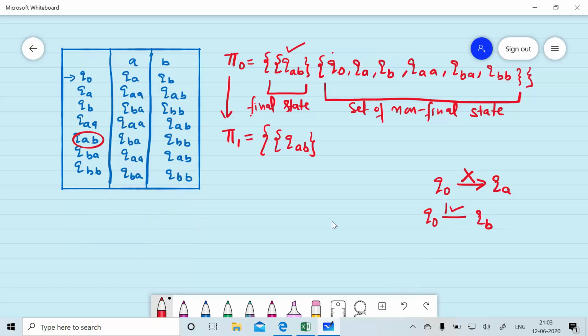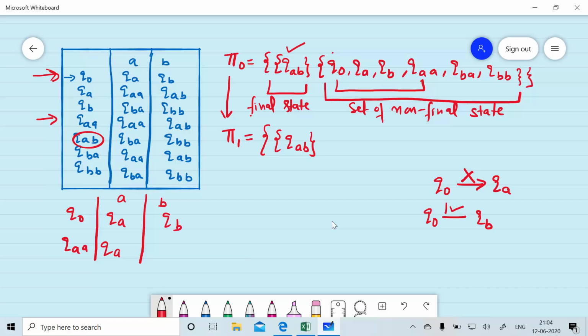Now we will check for Q0 and QAA. Again we will pick the Q0 row and the QAA row. Under A and B it is QA, QB for Q0, and QAA, QAB for QAA.